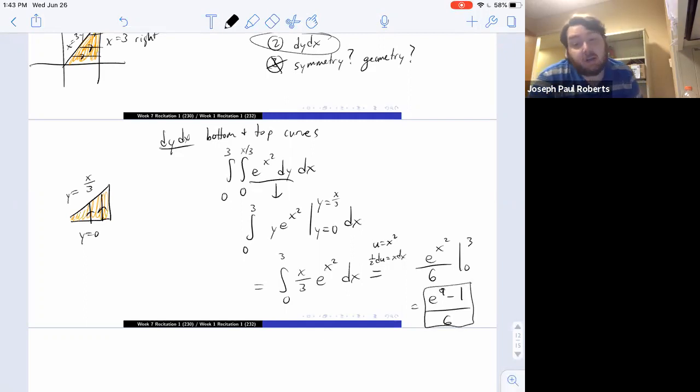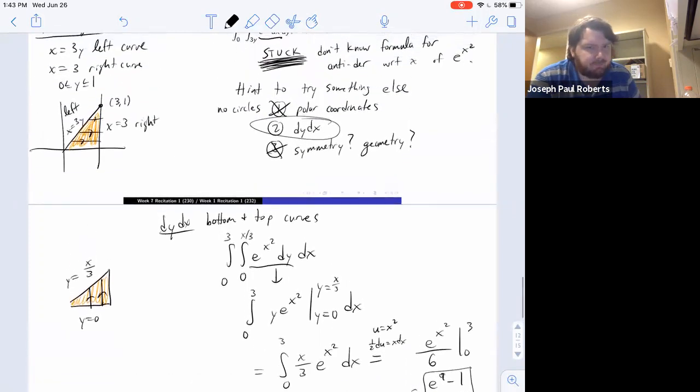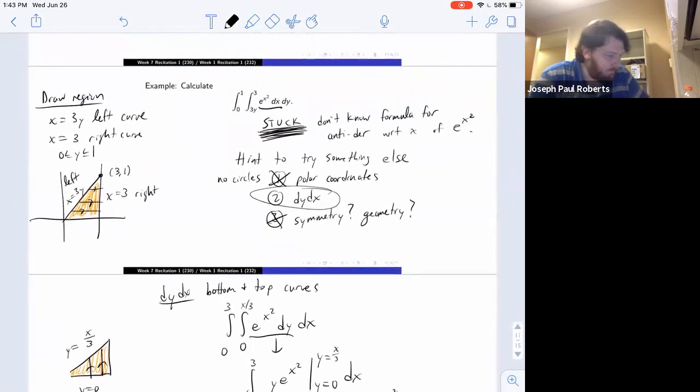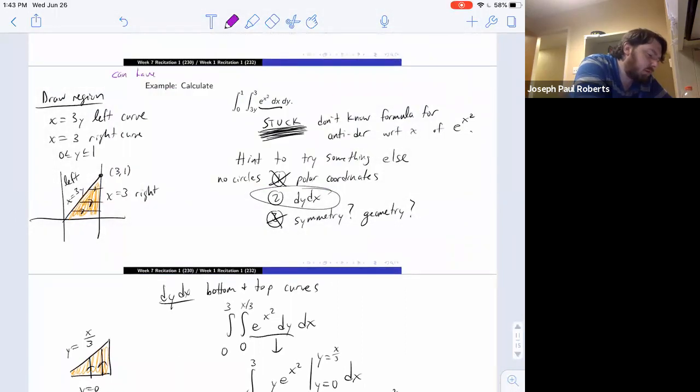So as far as calculating by hand, we can have, for example, dy dx doable by hand, while dx dy is impossible by hand.